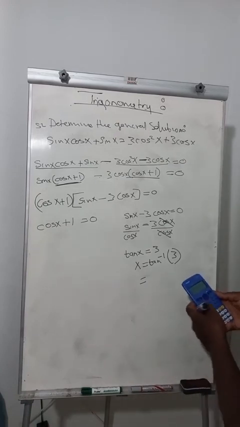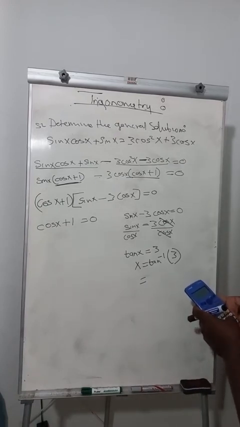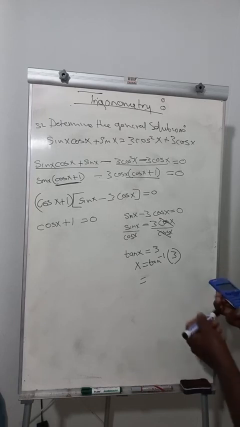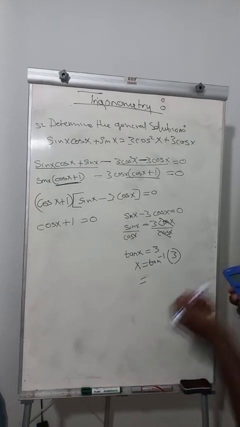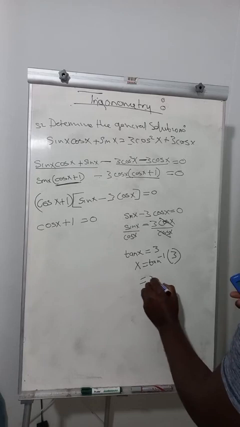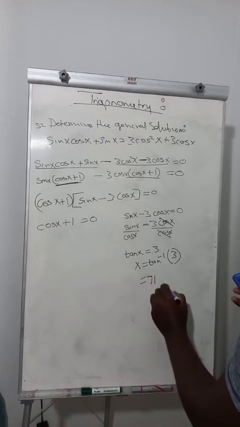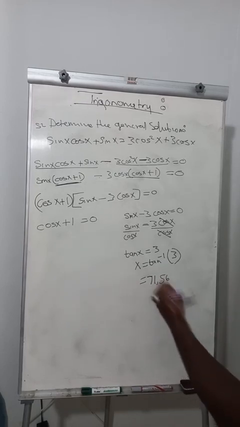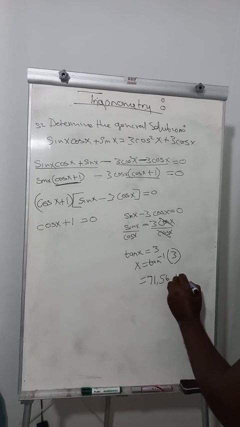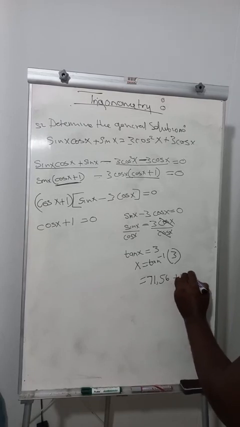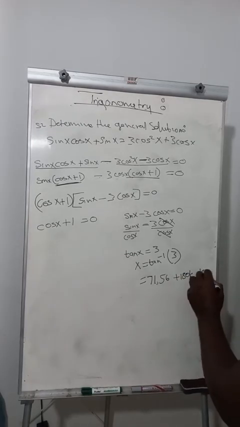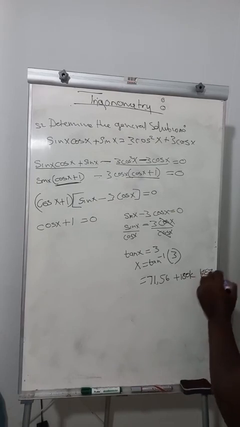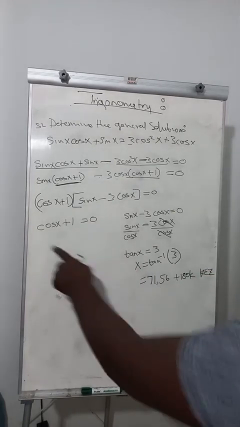You just have tan inverse of 3, which gives you 71.56. This is within the first quadrant, so it will just be plus 180k, where k is an element of integers.